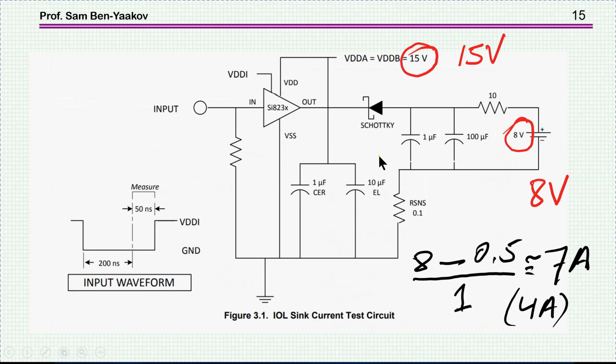Now, in the datasheet, we also see how these were actually verified or measured. So we see here the portion of the turn off. We have here something that is emulating a gate, constant voltage, 100 microfarad during the pulse. It's about constant voltage. Here is 8 volts, so we are talking about a threshold of 8 volt. And then we have the Schottky diode, and then it goes down to ground.